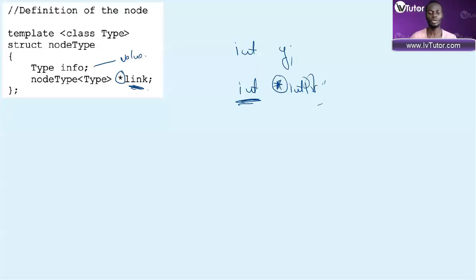Now, if we come back to our struct, we want to store the address of the next node. The next node is of type node type. Because remember, all nodes are of type node type. Therefore, we make a pointer of type node type, which is a template. So we put node type, and we put our asterisk, which shows that this is a pointer.